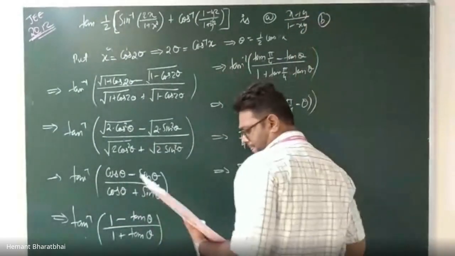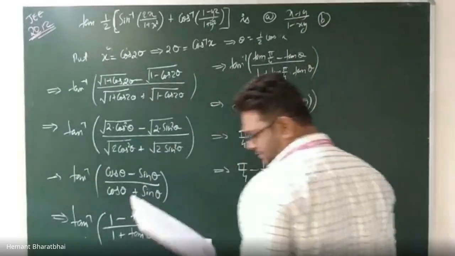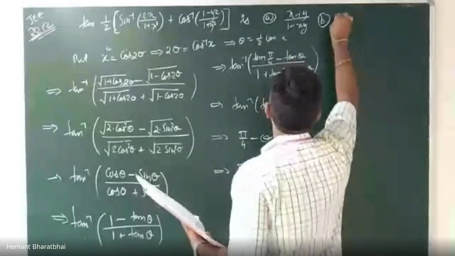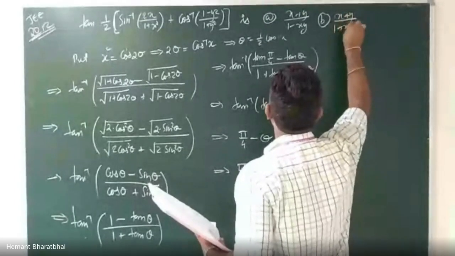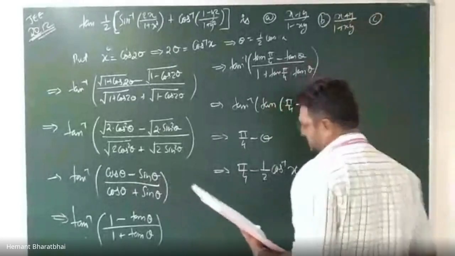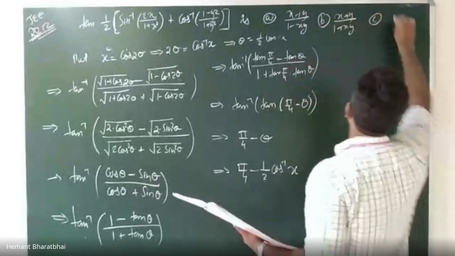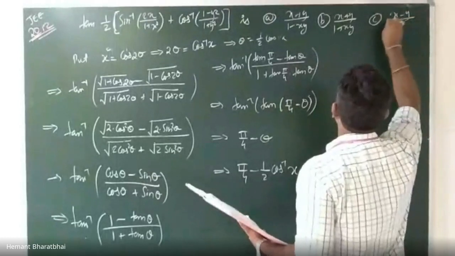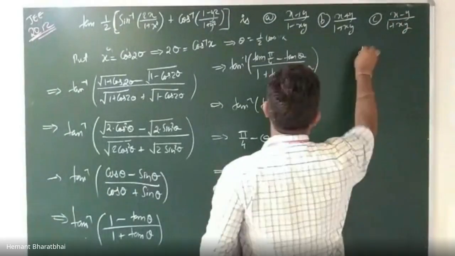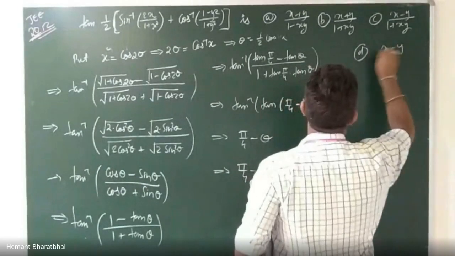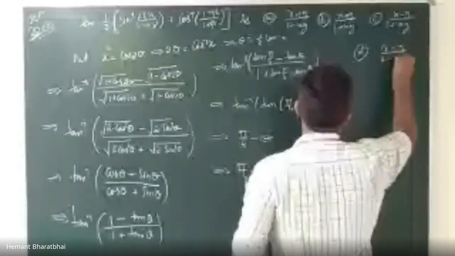Option B, x plus y upon 1 plus xy. Option C, x minus y upon 1 plus xy. And option D, x minus y upon 1 minus xy.